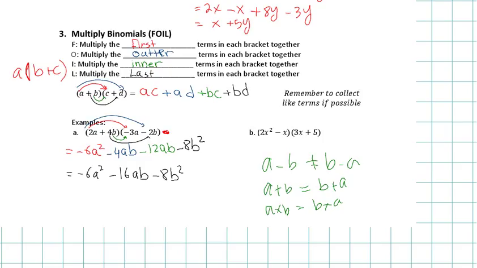So the question would be expand and simplify. What we did in the first line, we expanded, and in our second line, we simplified by collecting like terms.